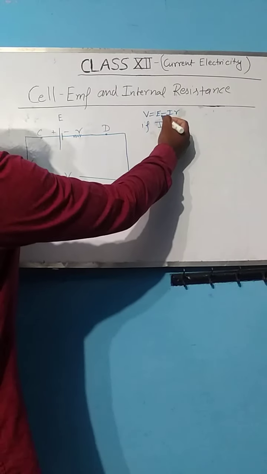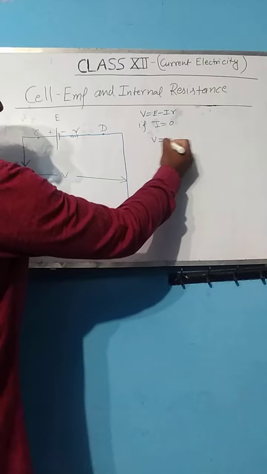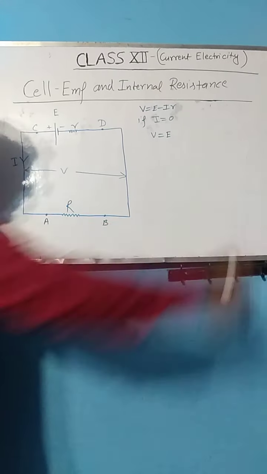So if current is 0, V equal to E, the EMF of the cell.